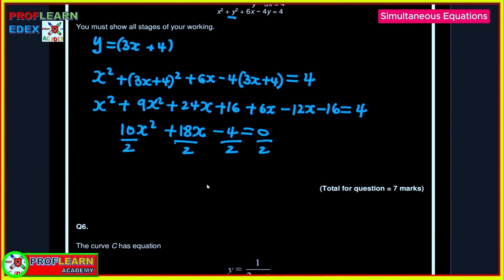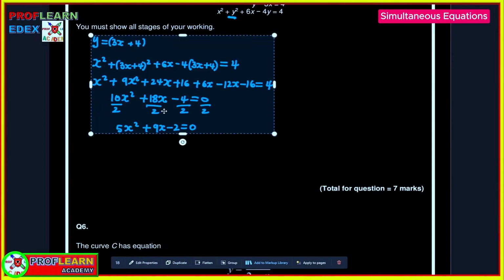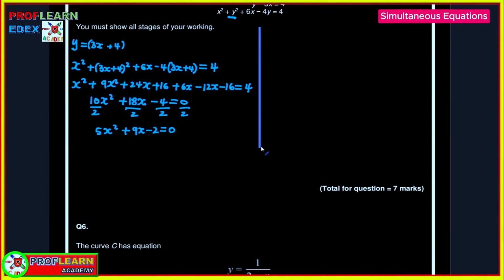You'll reach a point whereby the equation you have is not solvable, right? Or the equation you have is wrong, and that will cost you a lot. You're going to lose marks and miss some points. Now we have the quadratic equation being 5x squared plus 9x minus 2.